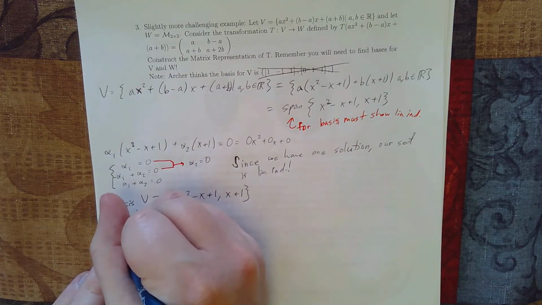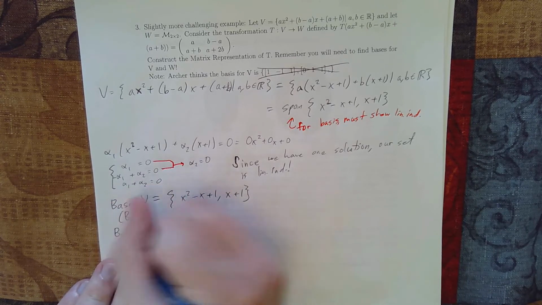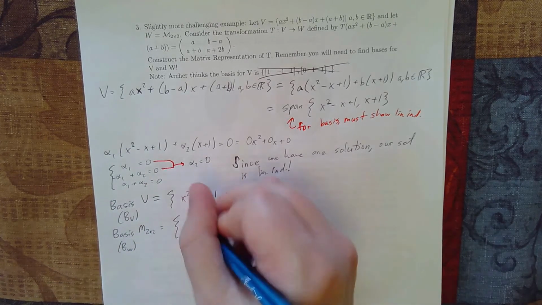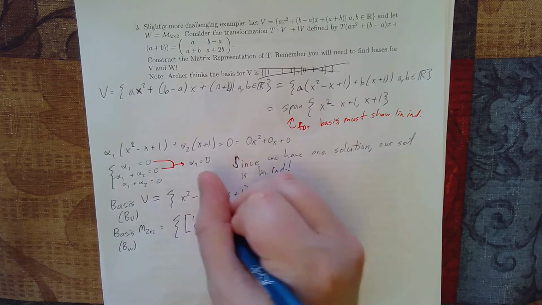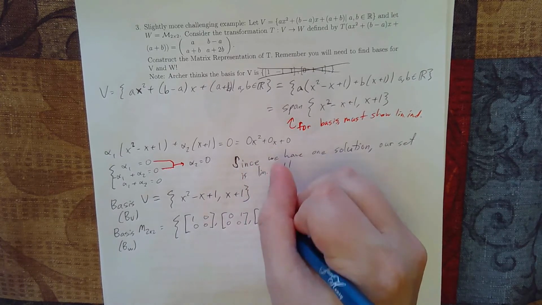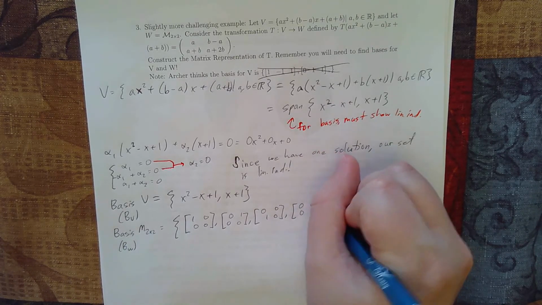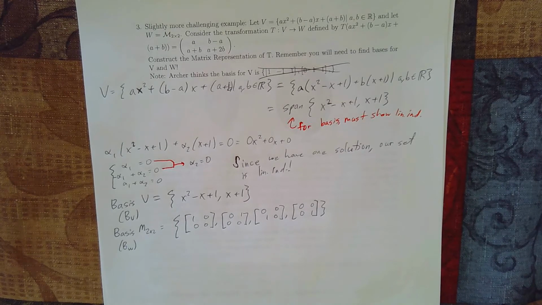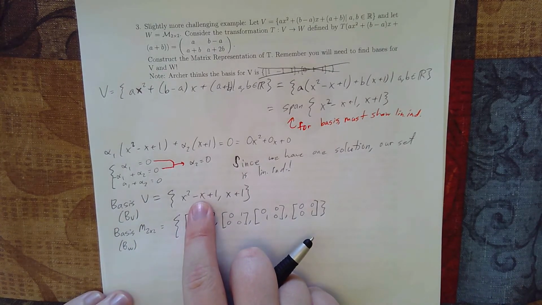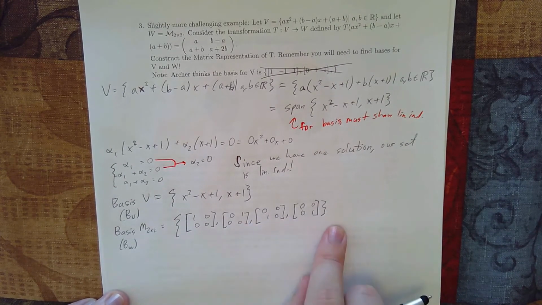And our basis for M2 by 2, which is our basis for our codomain, is going to be the standard basis: 1, 0, 0, 0; 0, 1, 0, 0; 0, 0, 1, 0; and 0, 0, 0, 1. Okay, so now we need to take our basis elements and transform them using this transformation we have, and then write those transformed things with respect to this basis.